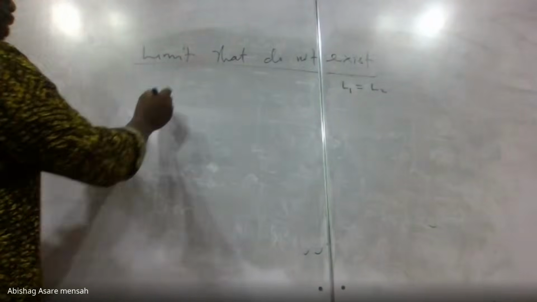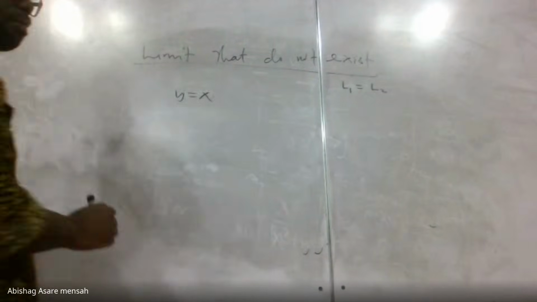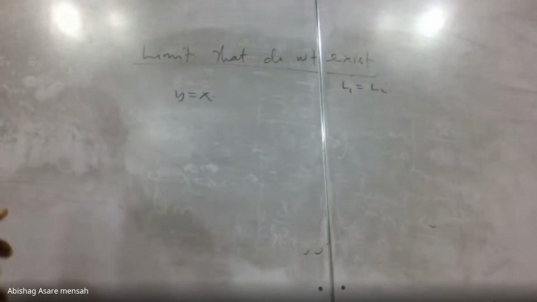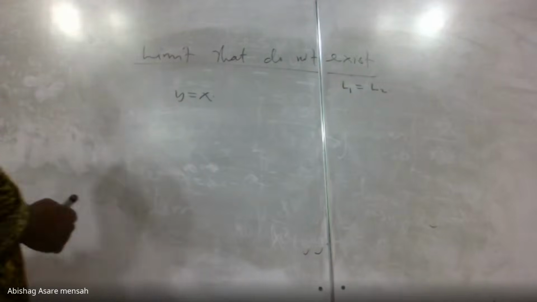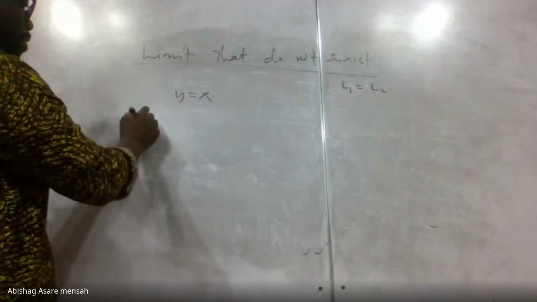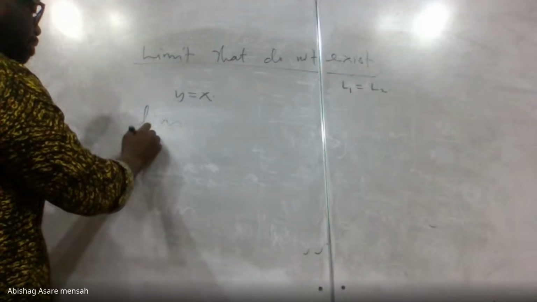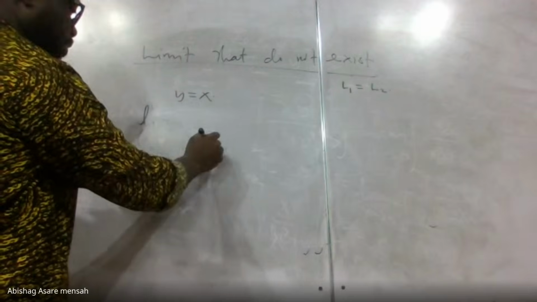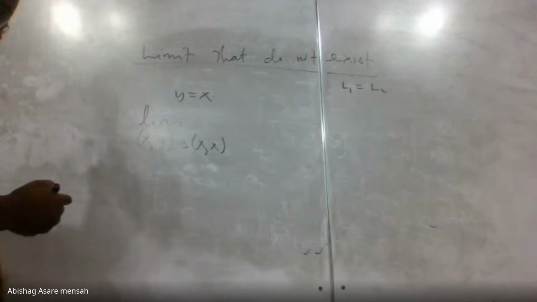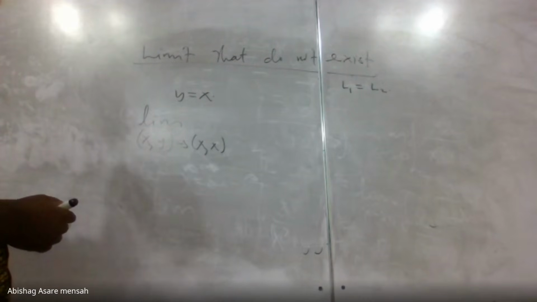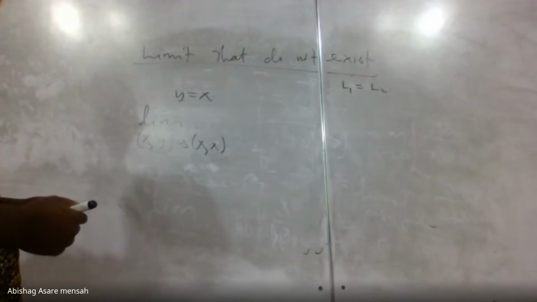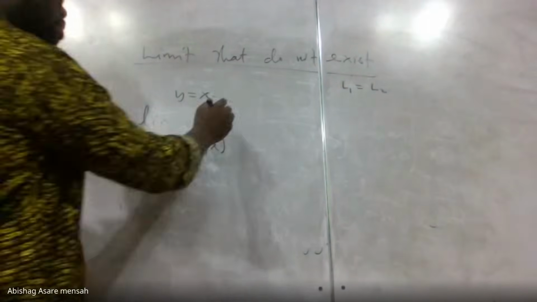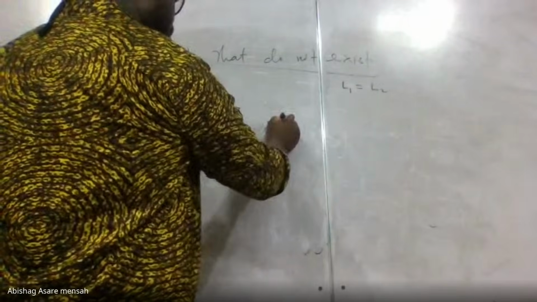So for that one, we will set y equal to x. And when we set y equal to x, we have the limit as x and y approach 0 of xy over x squared plus y squared.